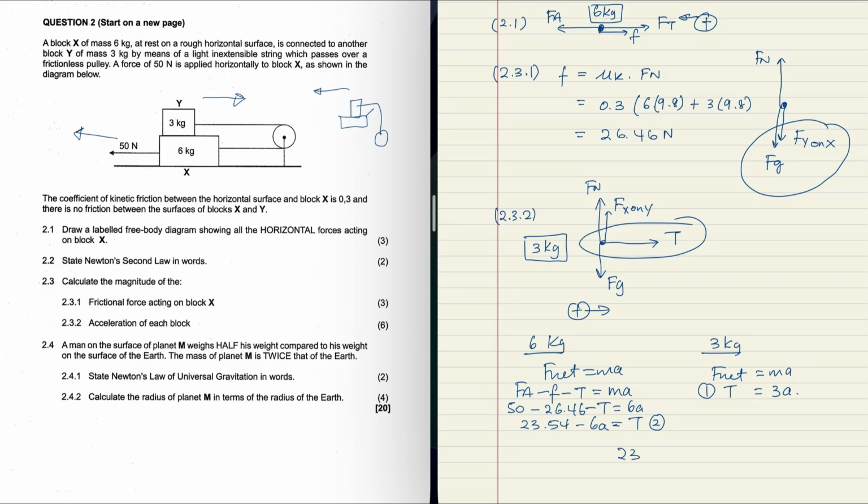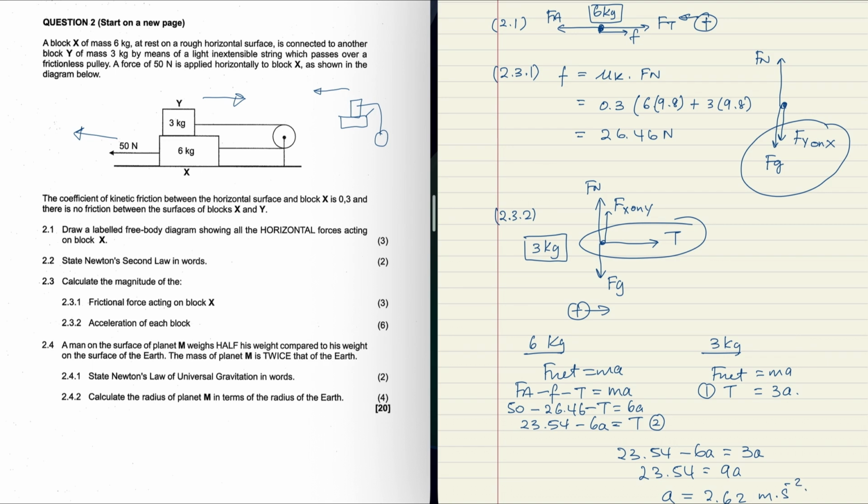That means 23.54 minus 6A equals 3A. I can take this over. So 23.54 equals 9A. That means A is equal to 2.62 meters per second squared.